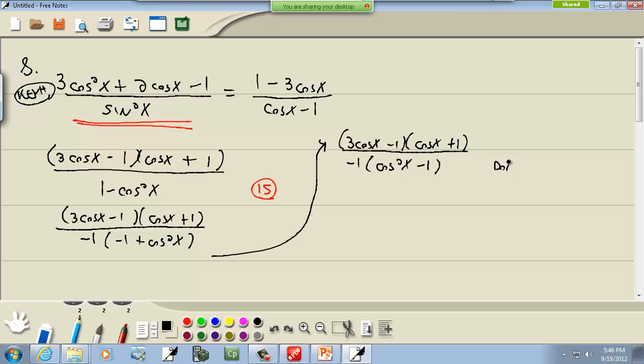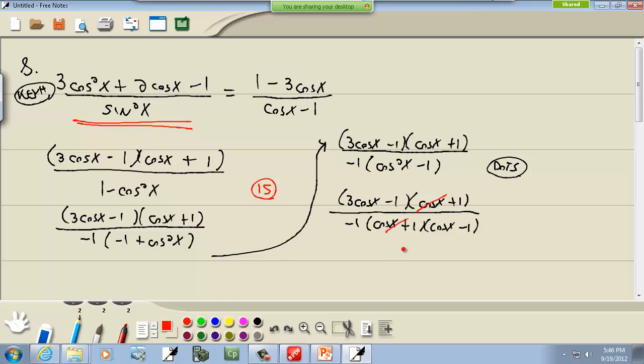This is a difference of two squares, so this becomes (cosine x + 1) and (cosine x - 1). Well, the cosine x plus 1's cancel, so those are going to go away. And we've got (3 cosine x - 1) over negative 1 times (cosine x - 1).